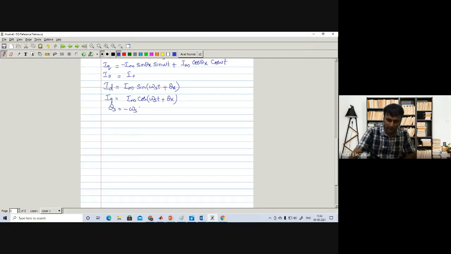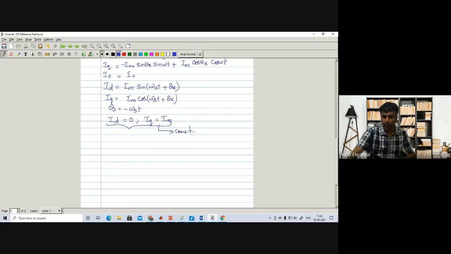Theta s is nothing but omega s into t, which means I am aligned with the supply voltage angle theta s. Therefore, we can have ID equal to sine of omega s into t minus sine of omega s into t, so ID equal to 0. What is IQ? IQ is nothing but the magnitude Im, since cos of 0 is 1. So whatever may be the variable, virtually ID and IQ are constant.